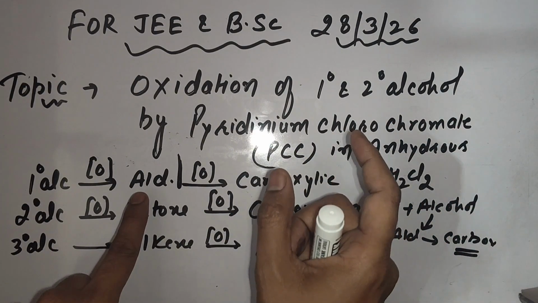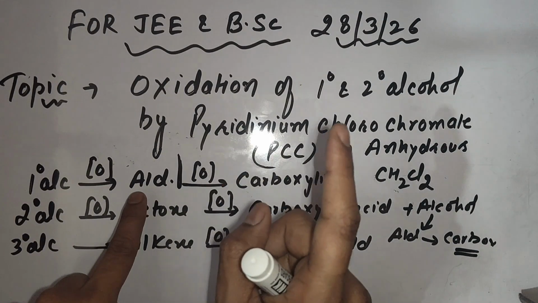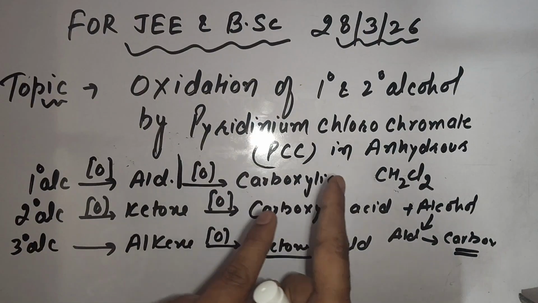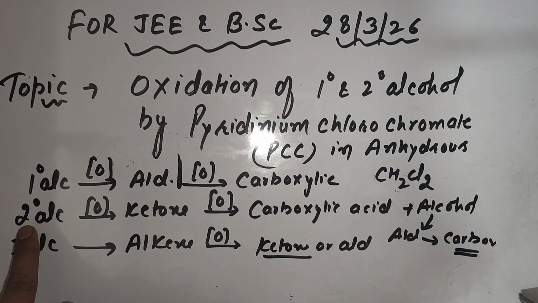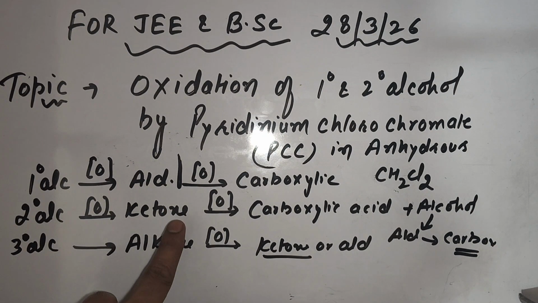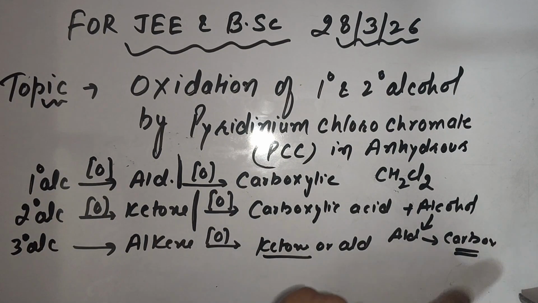They will stop reaction up to aldehydic stage. They don't have a tendency to oxidize aldehyde further to carboxylic acid. Similarly, if I want to stop 2 degree alcohol oxidation only up to ketonic stage, I can use PCC. The reaction will stop at ketonic stage. Further oxidation will not happen.